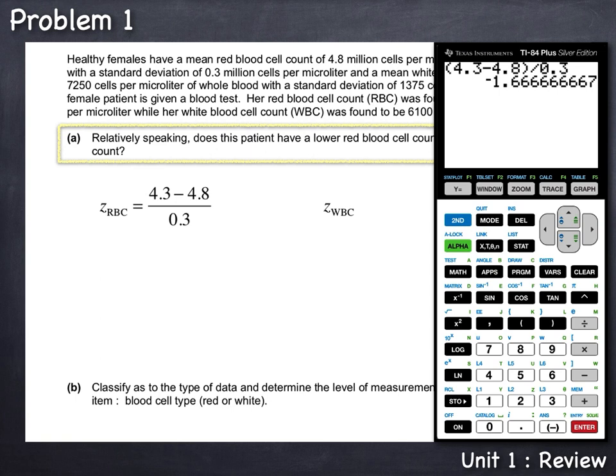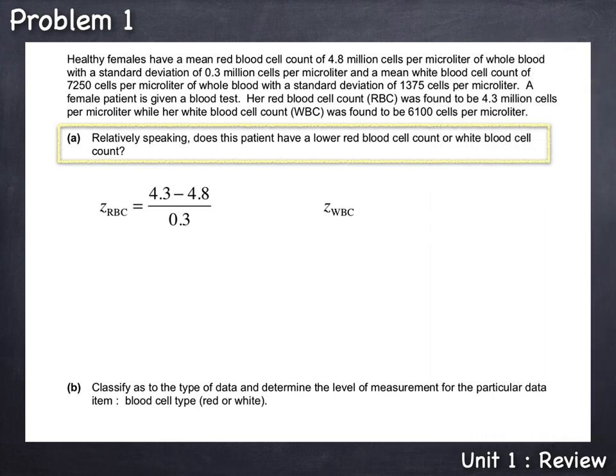Standard scores are typically rounded off to the nearest hundredth, or 2 places after the decimal. So to determine rounding, we look at the next decimal place over, or the thousandths, or the third place after the decimal. Here we see it's a 6. Any time that decimal place is 5 or higher, then we round the next decimal place over up. So here, the standard score for this patient's red blood cell count rounds to negative 1.67.